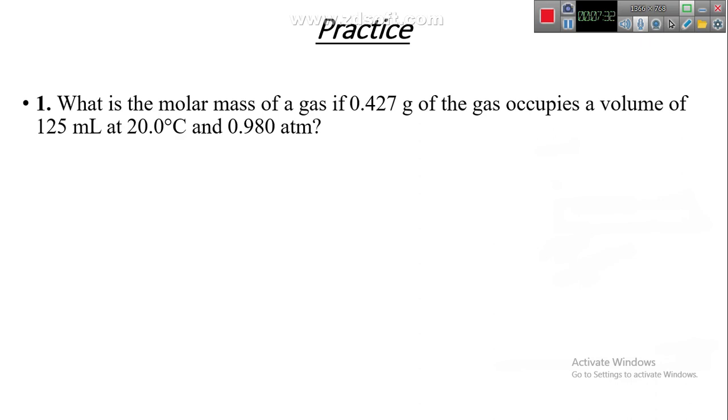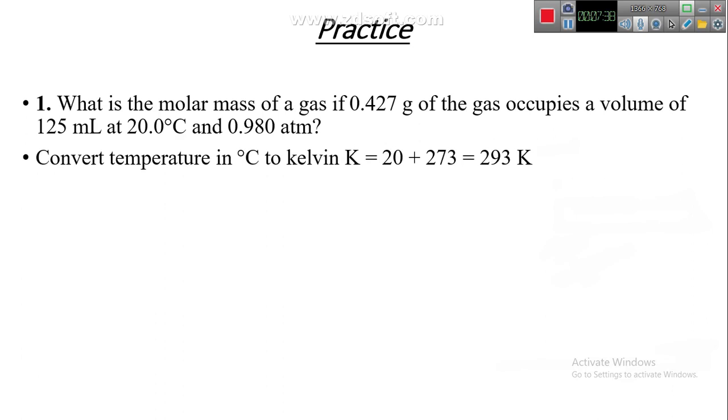At first, you must convert the temperature in Celsius degree to Kelvin temperature. We have a relation: Kelvin temperature is equal to Celsius degree plus 273. The answer is 293 Kelvin.